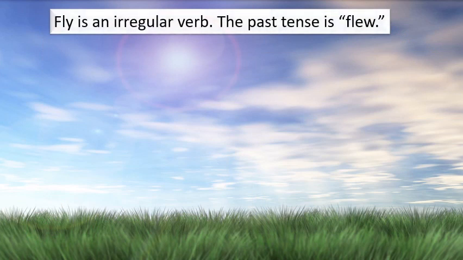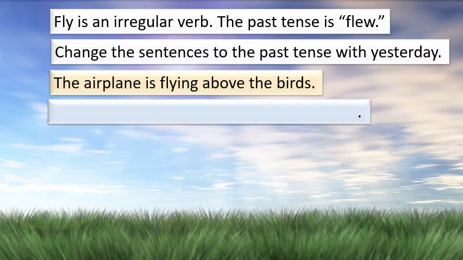Fly is an irregular verb. The past tense is flew. Change the sentences to the past tense with yesterday. The airplane is flying above the birds. Change to the past tense.